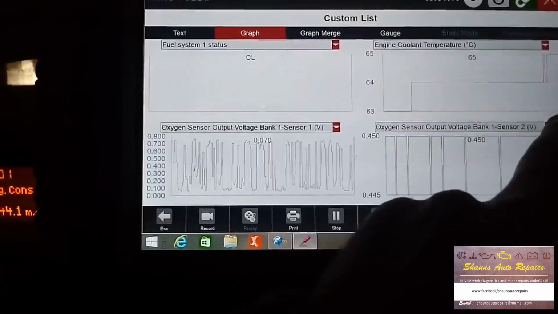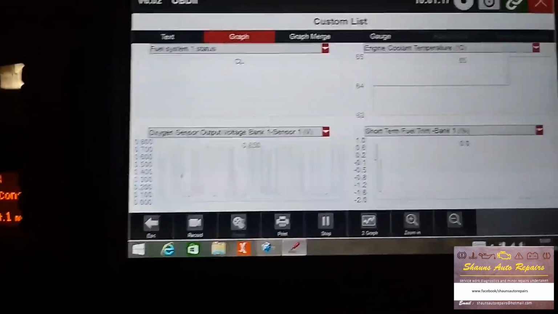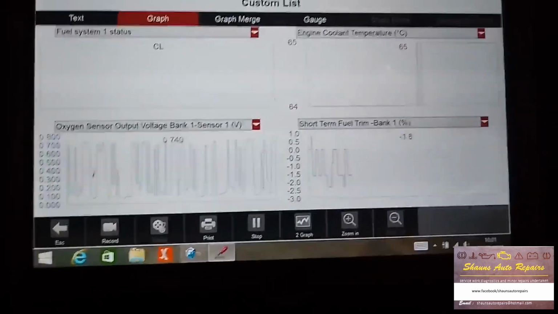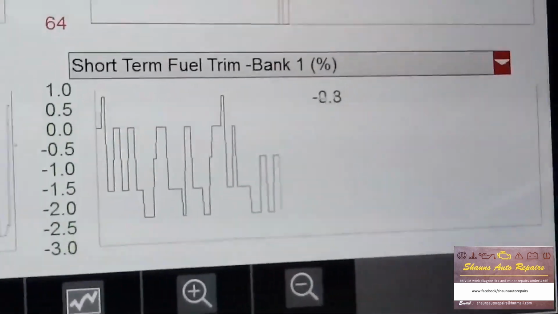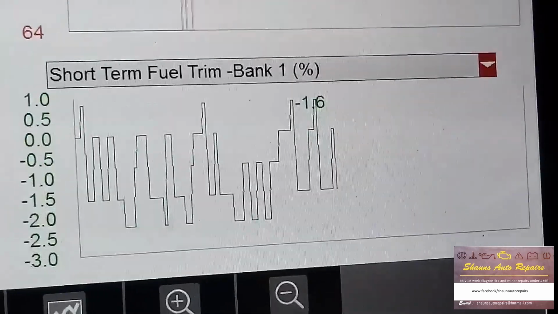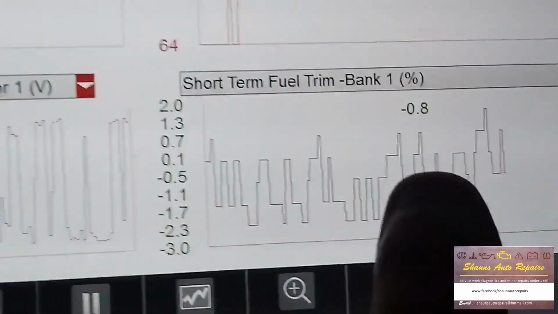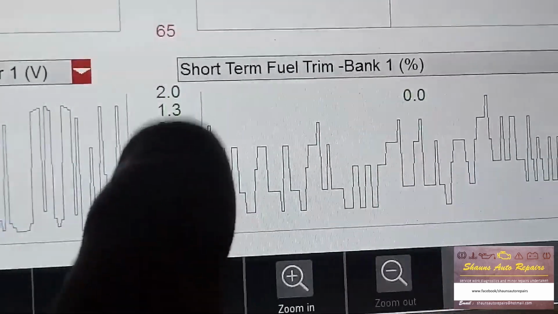Alright, let's have a look at short term. As you can see there, short term is fluctuating about 0, plus and minus. It looks a bit choppy there, but if you look at the scales, they're only like -3 to 2.